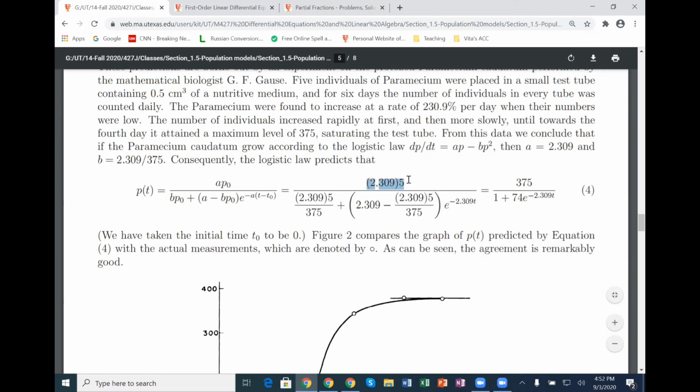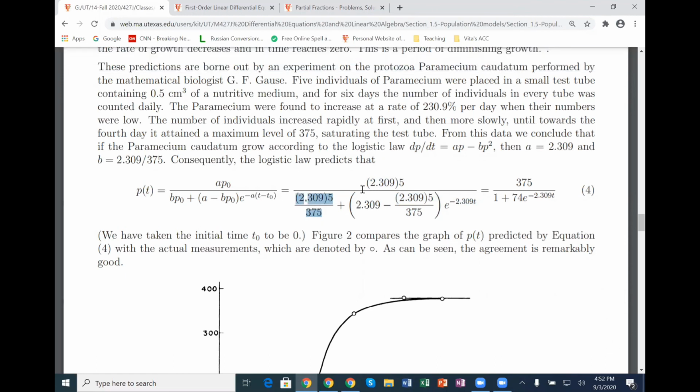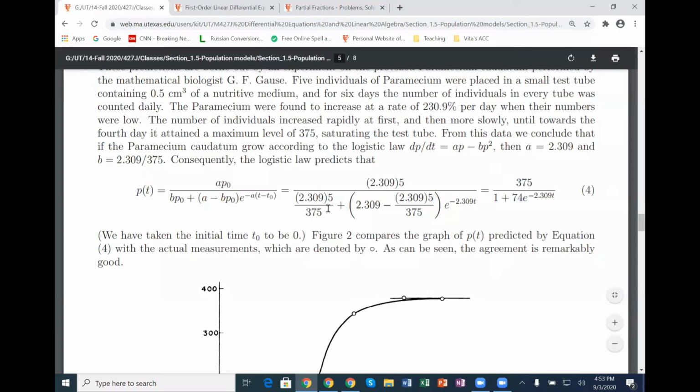If you multiply top and bottom by this fraction flipped, then on the top we'll get this times 375 divided by this, which gives us 375. So once again, in order to jump from here to here, multiply top and bottom by the flipped fraction, 375 divided by this. Okay, thank you. That's where I was confused. Thank you. Sure.